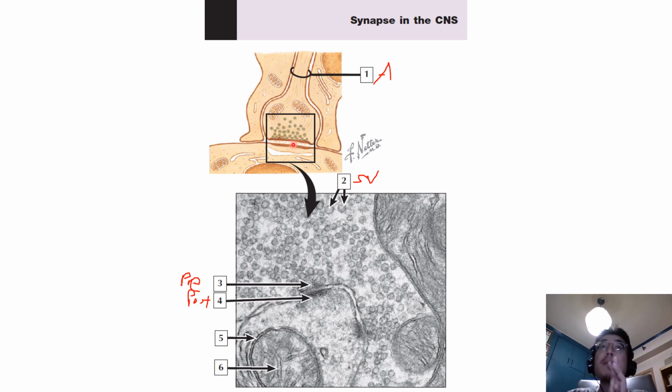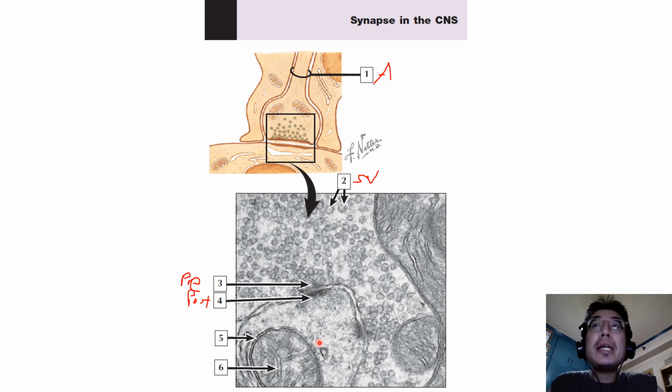The neurotransmitters then diffuse across the cleft to interact with receptor molecules on the postsynaptic membrane. The postsynaptic membrane, shown here in the EM as number 4.